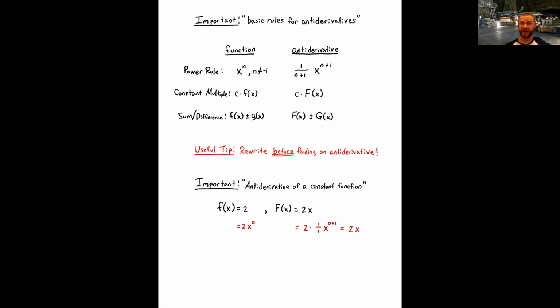The power rule does apply for antiderivatives if the exponent is 0. And if you do that here, notice you get your antiderivative of 2x: take your current power, which is 0, add 1 to it, which is 1, divide by that new exponent, so divide by 1, and now multiply the 2 there with our constant multiple rule. And if you simplify that, it all comes out to 2x. So constant functions really are a special case of the power rule for antiderivatives, where the power is 0.